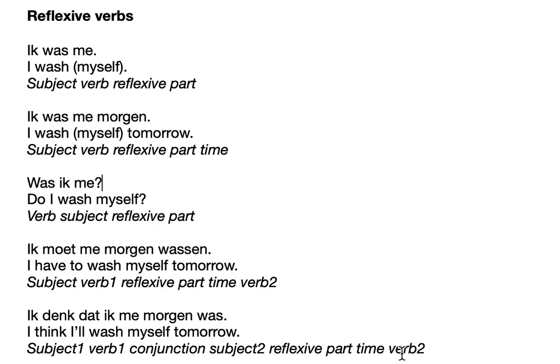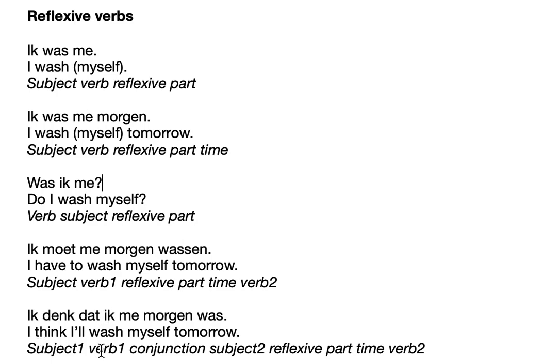And in a subclause, you might again be tempted to put me just with the conjugated verb. So I think I'll wash myself tomorrow. Wash myself. Myself is just behind wash, but in Dutch, unfortunately, in subclauses, as you know now, you put the conjugated verb at the end of the subclause. And what does it mean for our word order? Ik denk dat ik me morgen was. So me will be just behind the subject.